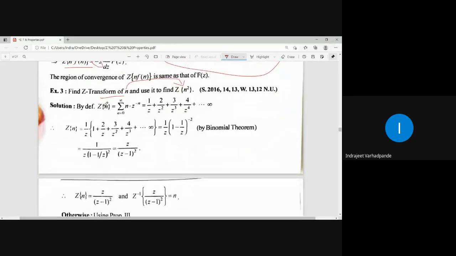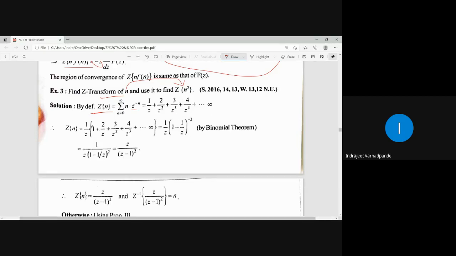By the definition of z transform, z of n will be n into z to the power minus n. Go on putting the values of n as 0, 1, 2, 3 and so on. So 0 into 1 is 0, then 1 by z, 2 by z square, 3 by z cube, 4 by z to the power 4.